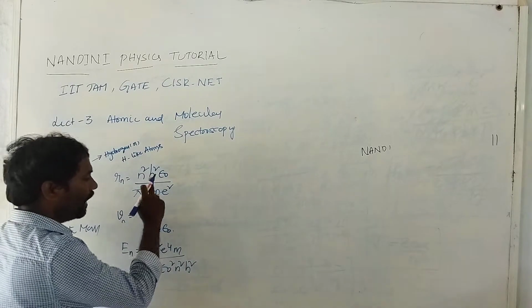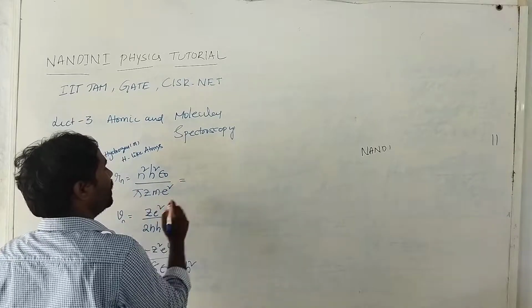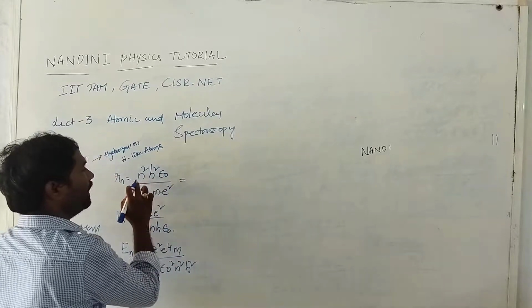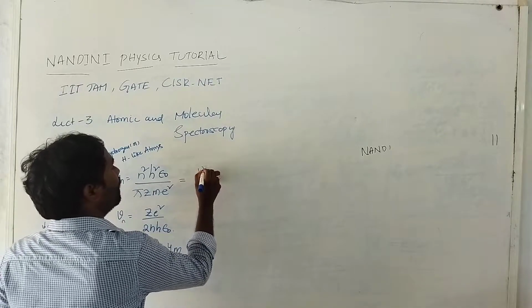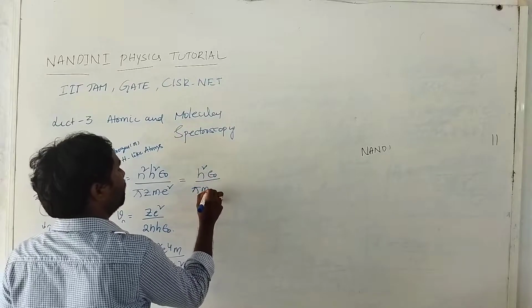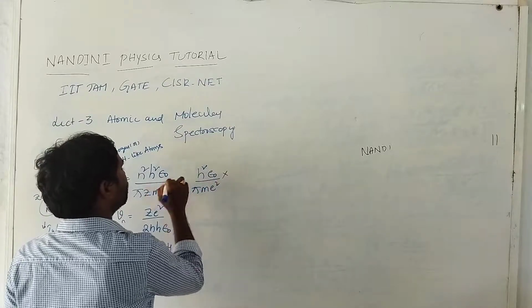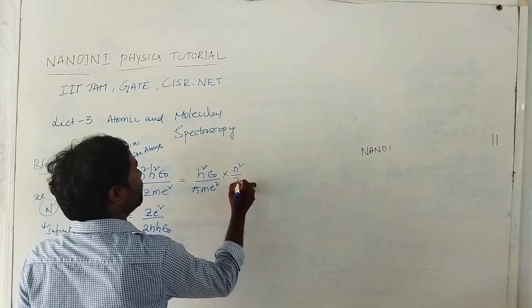So I rewrite these equations. From this equation I take n square and z out: h square epsilon naught divided by pi m e square into n square divided by z.